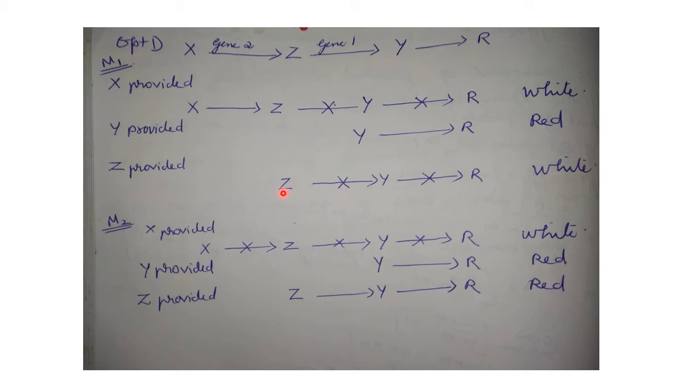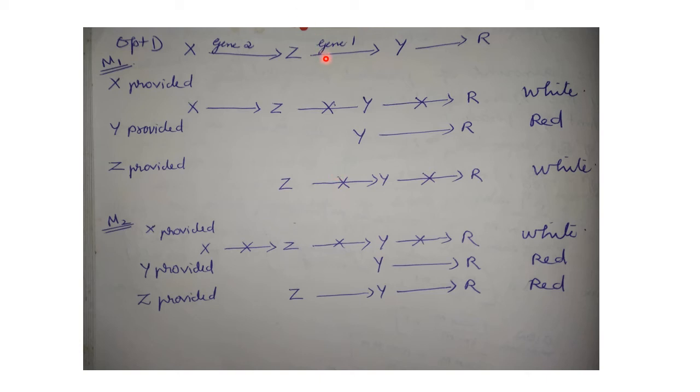Now suppose the gene for conversion of X to Z is gene 1, then when Z was provided, you should have got red colored colonies, but you are not getting red colored colonies when Z is provided. You get white colonies.